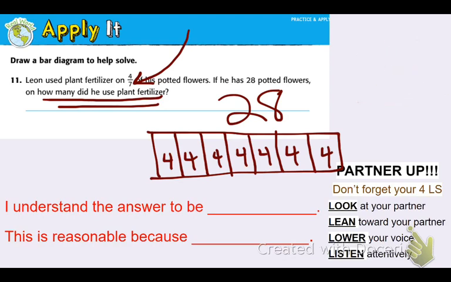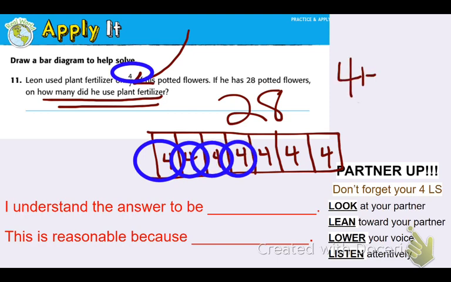Okay, but the question asked me, how much fertilizer did he use in 4 parts out of the 7? 1, 2, 3, 4. Well, I can add 4 times to get my answer. So 4, 8, 12, 16.